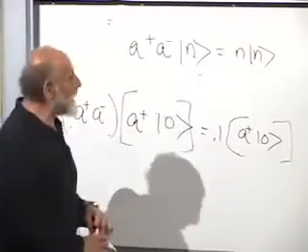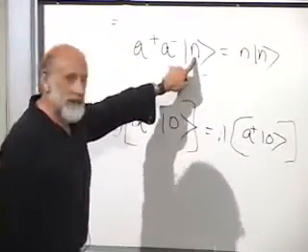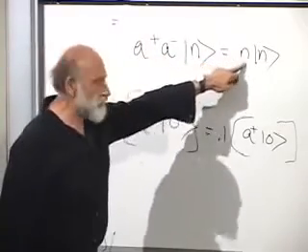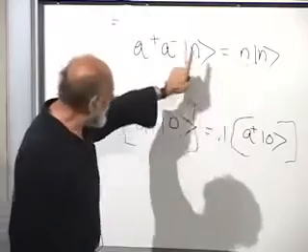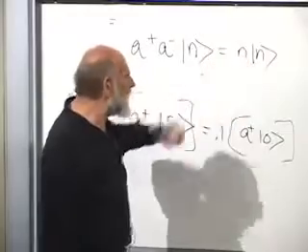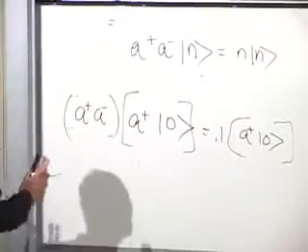Now, you might get the idea that I'm thinking that n is an integer, and I am. But at the moment, I have no need to assume n is an integer. It's just a number. This is an eigenvector. Here is its eigenvalue by definition. May or may not be an integer. Supposing we have found one.